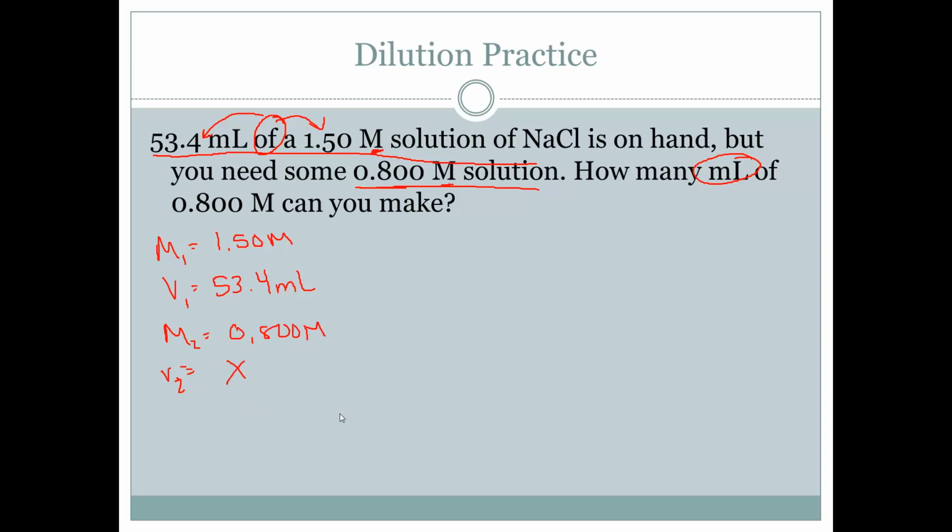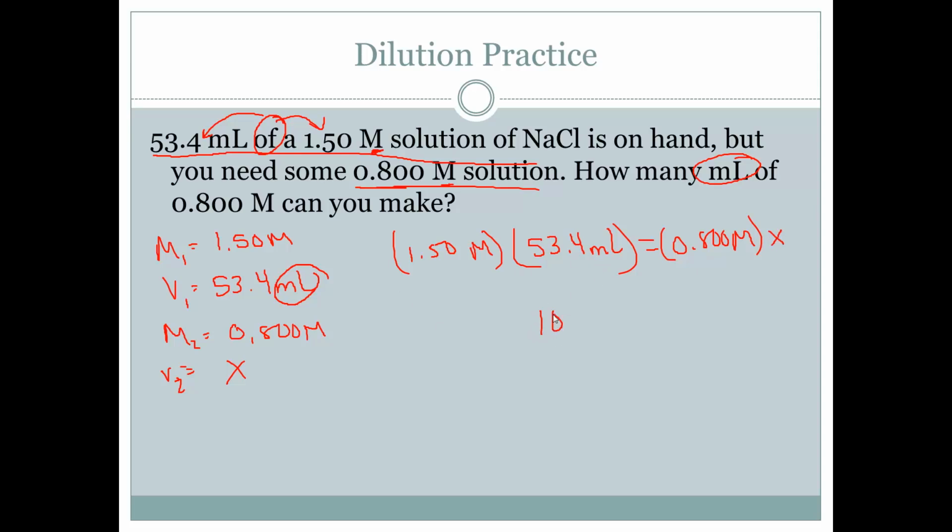We can keep it in milliliters because it's asking for milliliters. The previous question didn't have anything to cancel out, so it had to be in liters. But this time, as long as the units are the same, you're okay. So 1.50 molar times 53.4 milliliters is equal to 0.800 molar times X.